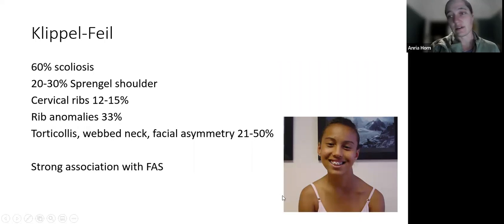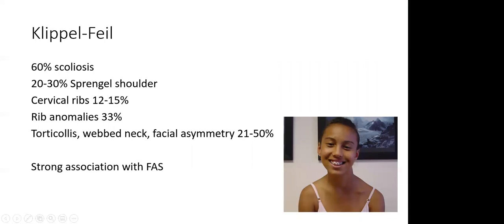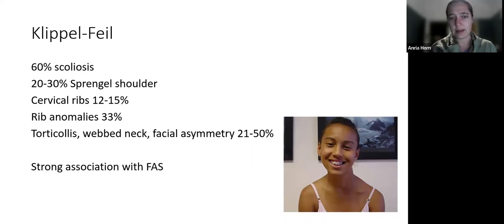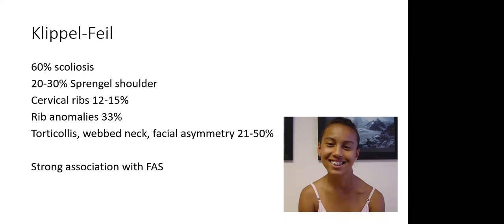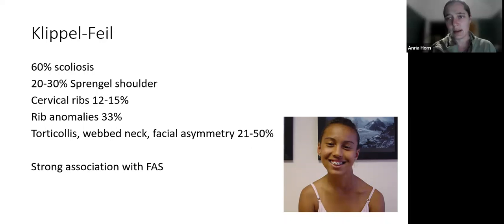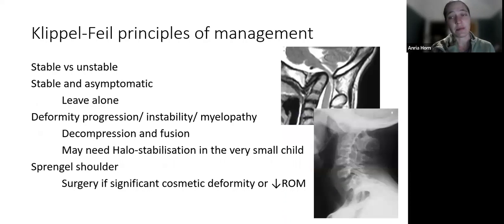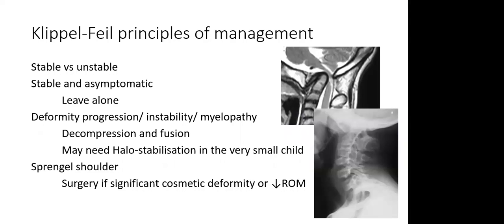There's a very strong association with fetal alcohol syndrome and Klippel-Feil. This is obviously in our environment where we unfortunately have a bit of an epidemic of fetal alcohol syndrome. I'm not sure in the West or the developed world or Scandinavia whether there's also this association, but those people also drink a lot, so quite possibly. But we can look it up. In our setting, I can assure you that it's quite common.